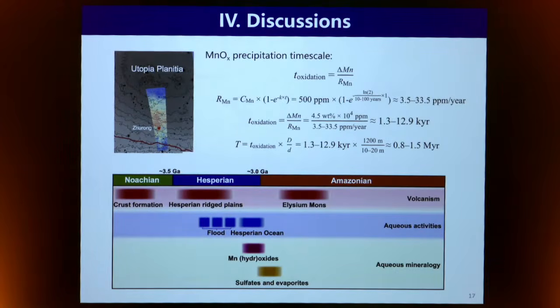Based on this result, we propose a minor revision to the timeline of hydrological activity during the Hesperian period on Mars. We infer that the manganese hydroxide detected by the Zhurong rover formed at the same time as aqueous activity, and this could be the first attempt to directly link the evolution of manganese to the history of water activity on Mars.